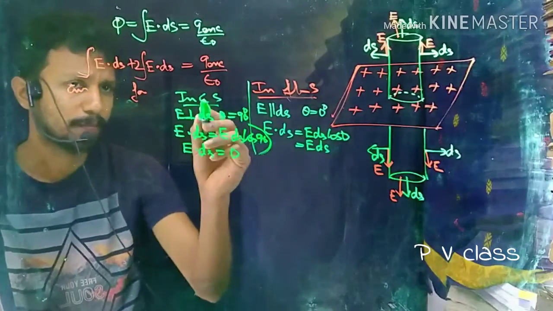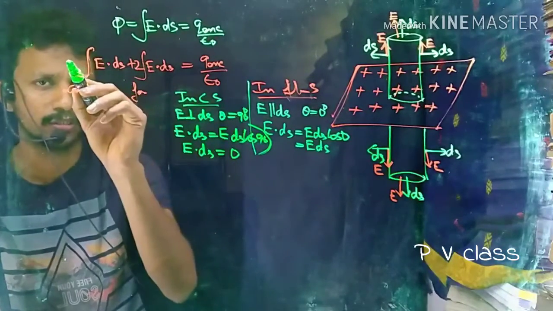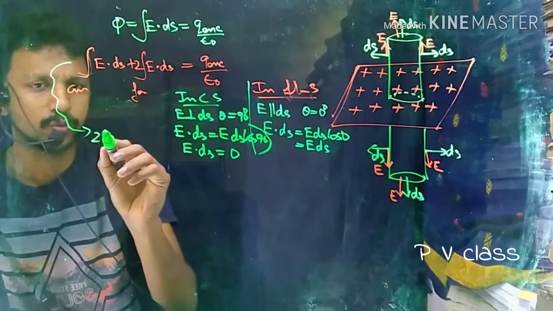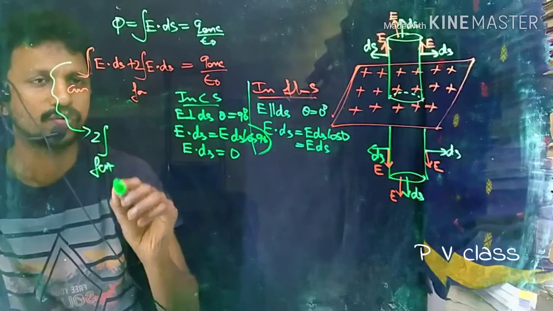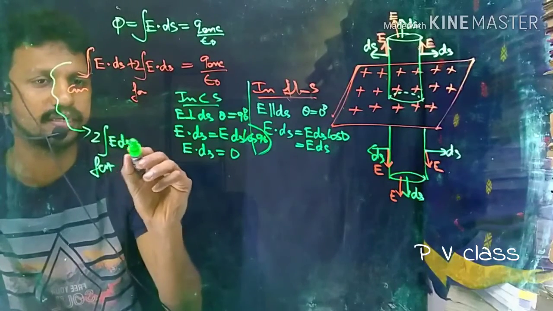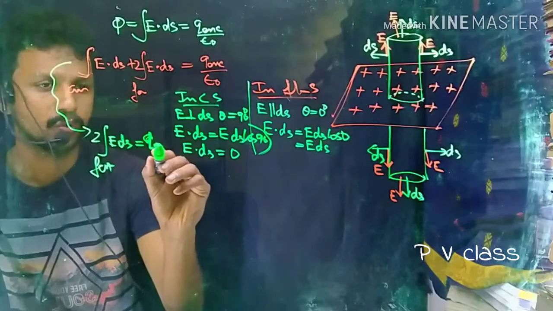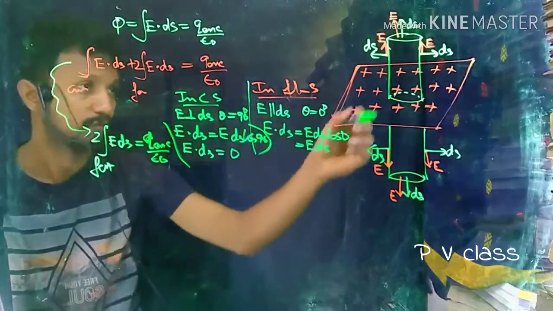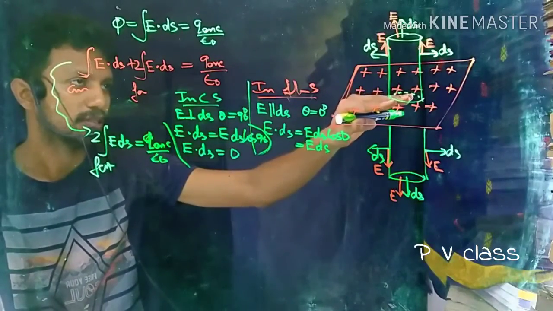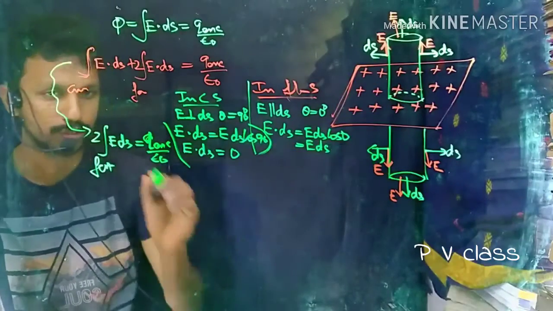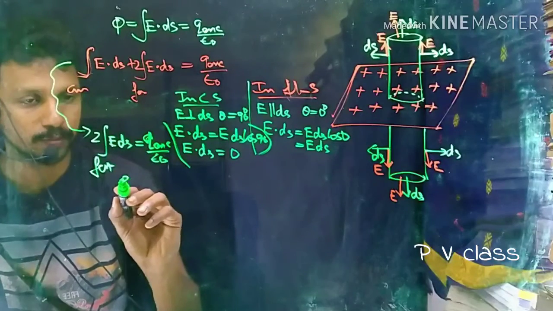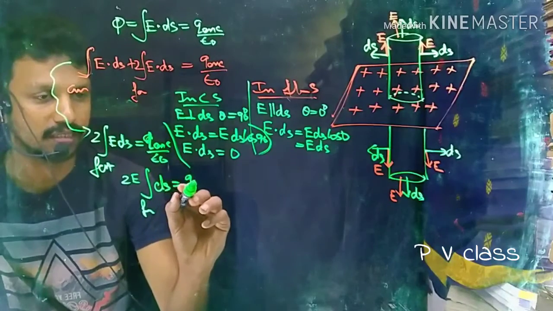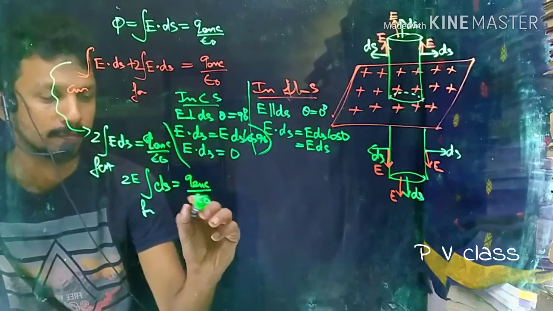And if we apply this situation to the equation, we will get 2 into integral over the flat surface of E ds, that is equal to Q enclosed by epsilon 0. We will get the equation like this, from which, as the cylindrical portion is having equal length at the upper portion and lower portion, E is constant. Therefore, I could write 2E integral over the flat surface of ds, that is equal to Q enclosed by epsilon 0.